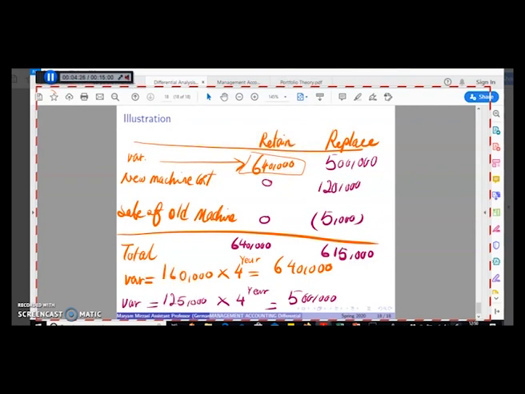Therefore, the difference between these two shows me that there is 25,000 additional profit if I go for replacing the machine, and I will choose replacing the machine.